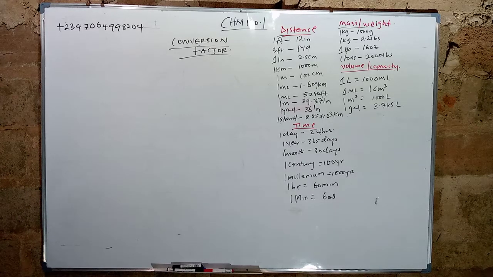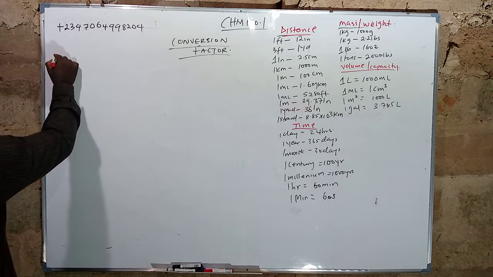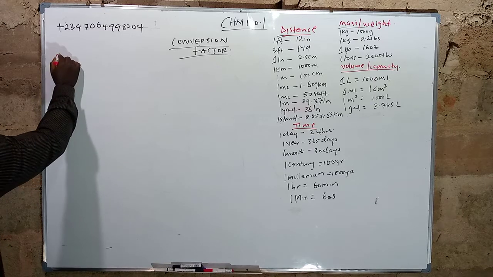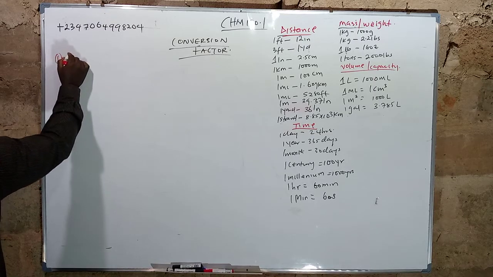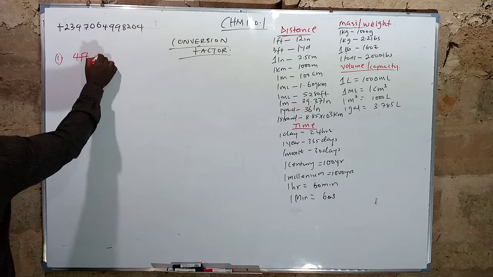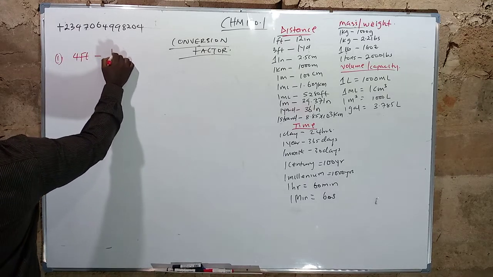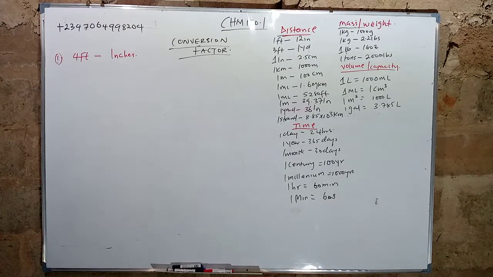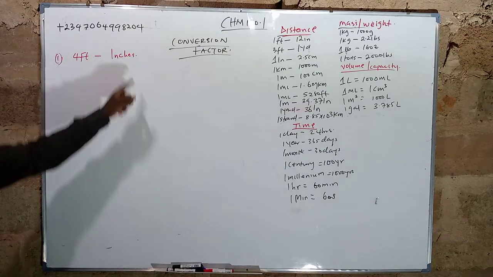In example number 1, let me start from the easy one. Let me say I give you: convert 4 foot to inches. So you have to convert 4 foot to inches.